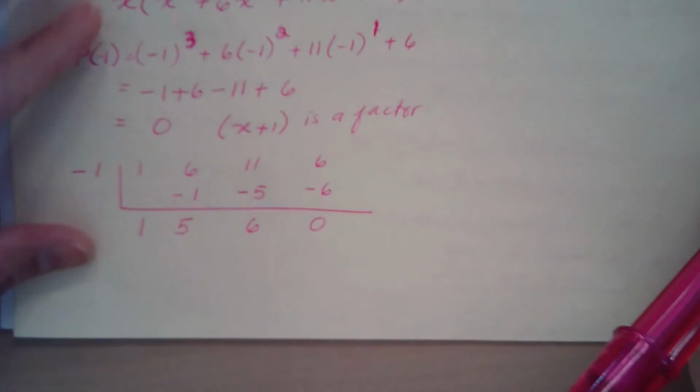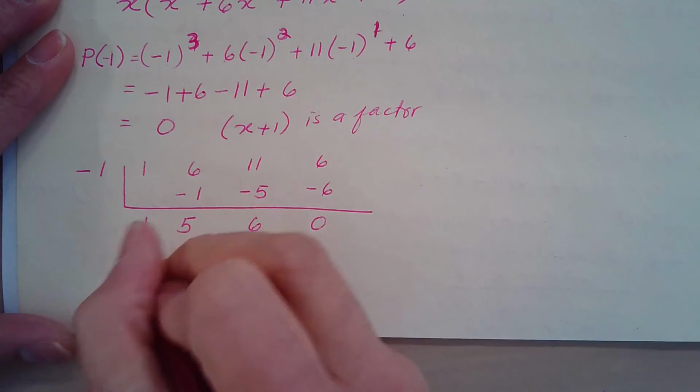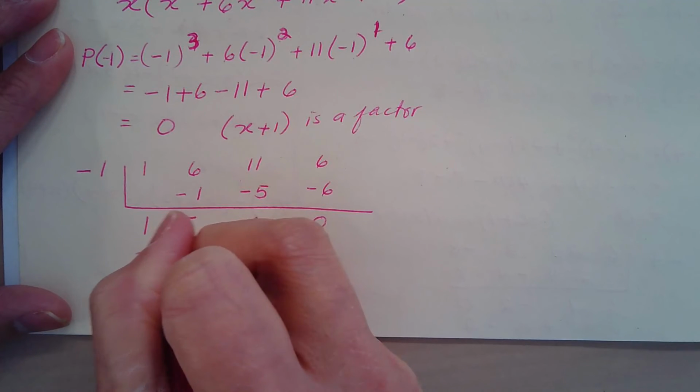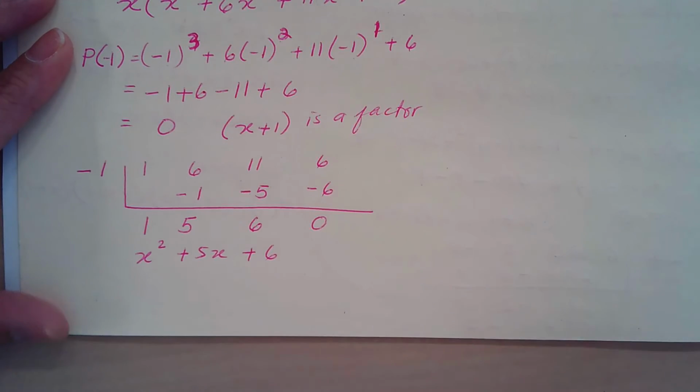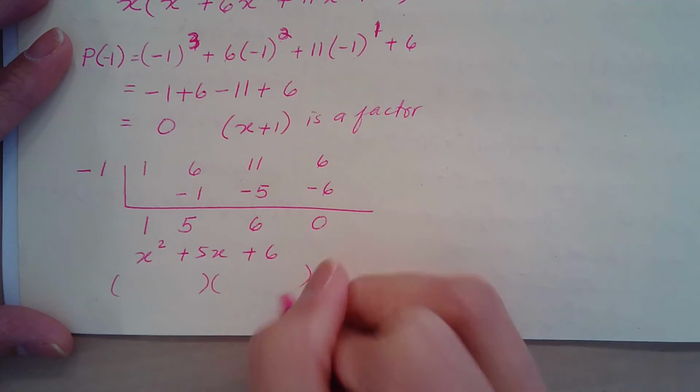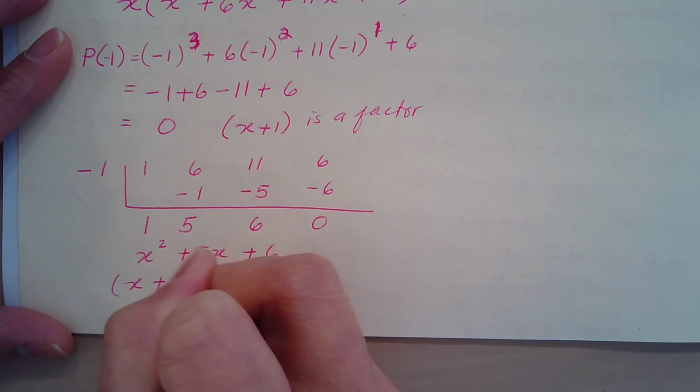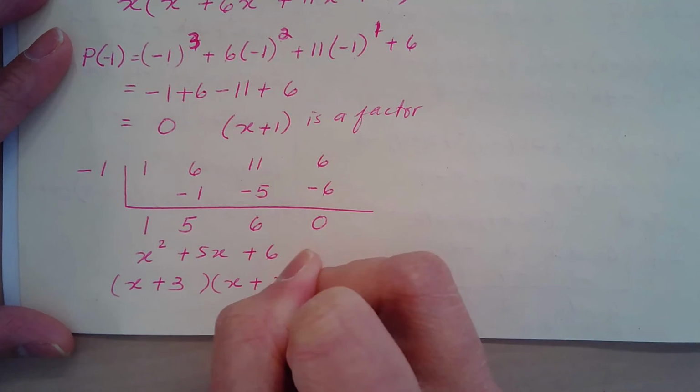So the remaining polynomial is x squared plus 5x plus 6. Oh, that one's easy to factor. 3 and 2, right? It's x plus 3 and x plus 2.